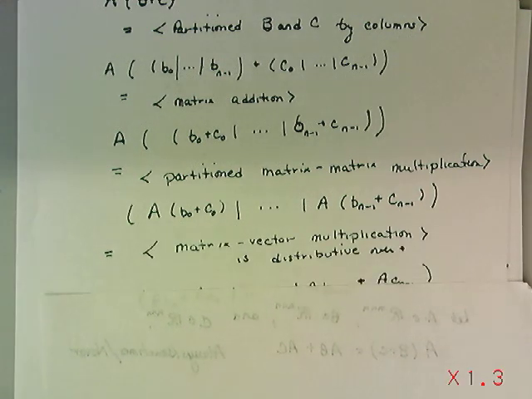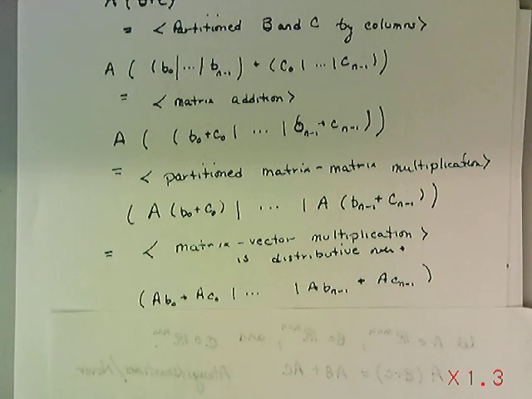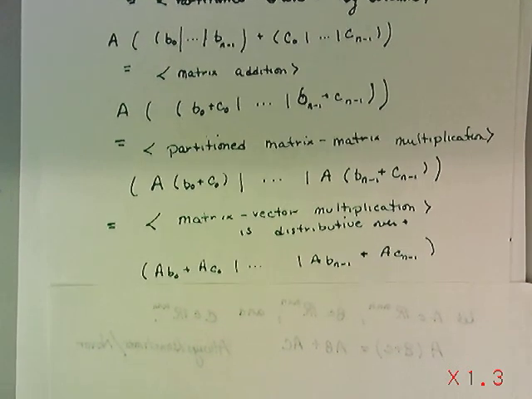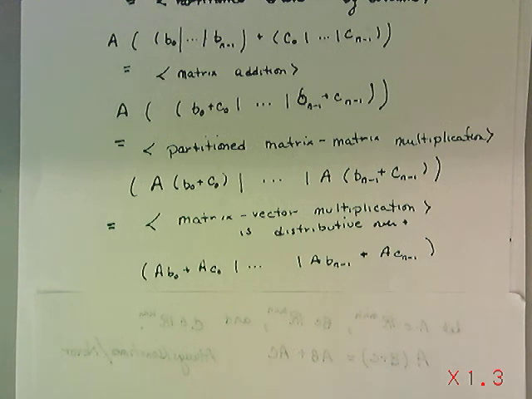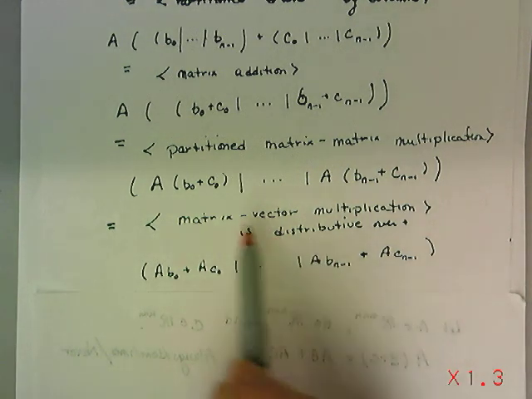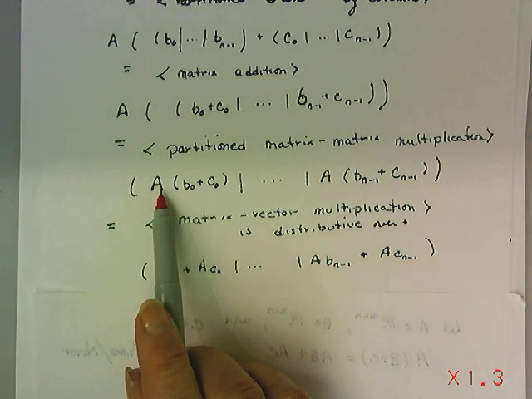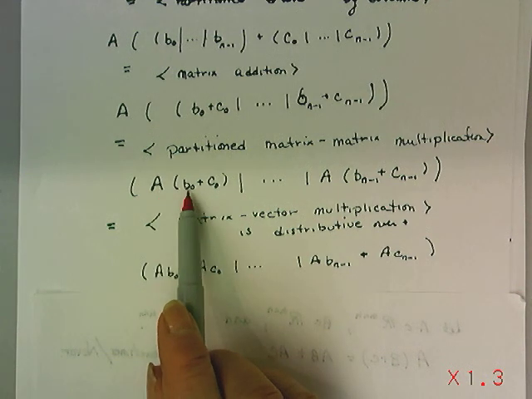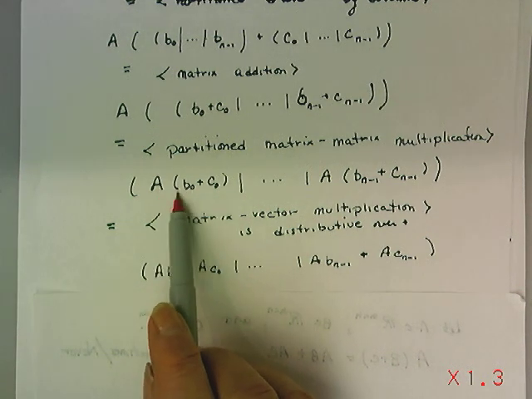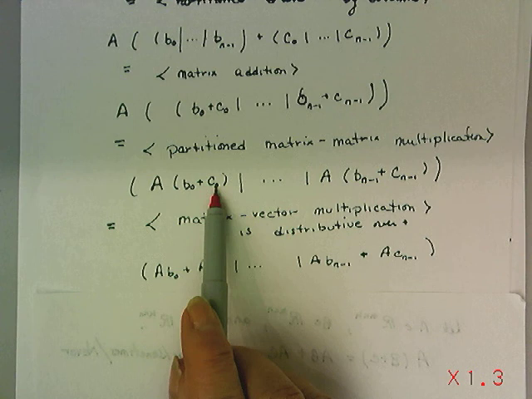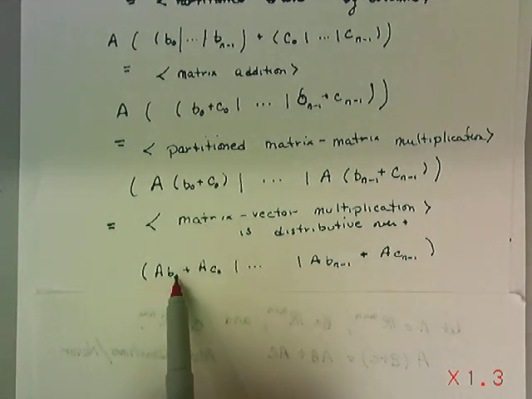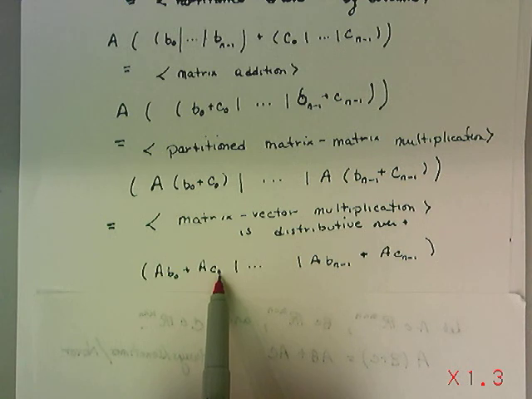Now, what do I know? I know that matrix vector multiplication is distributive. So if I look at A times the quantity B sub 0 plus C sub 0, that's A times B sub 0 plus A times C sub 0, and so forth.